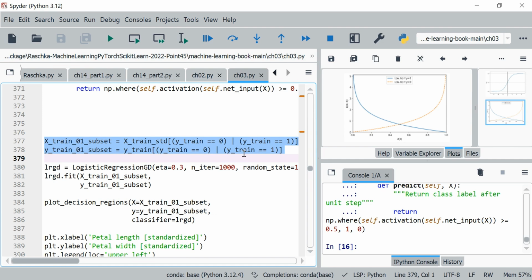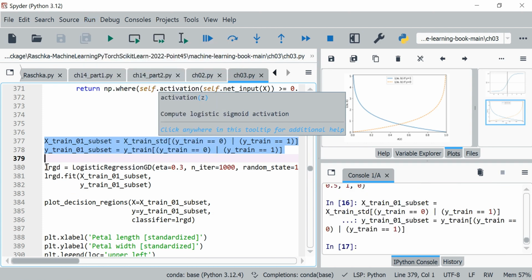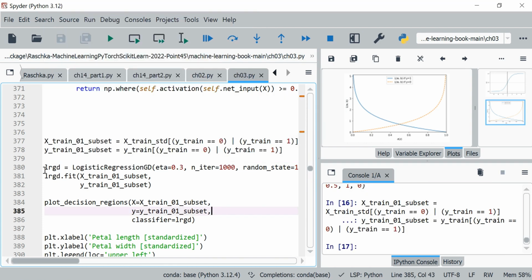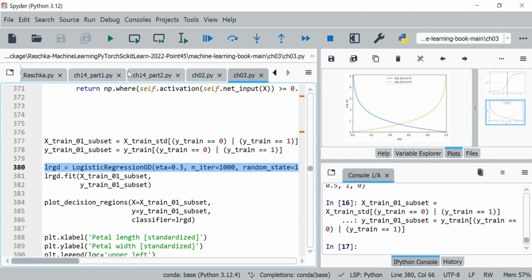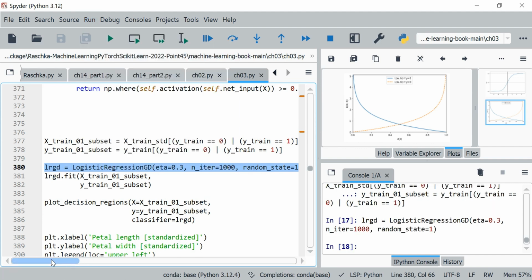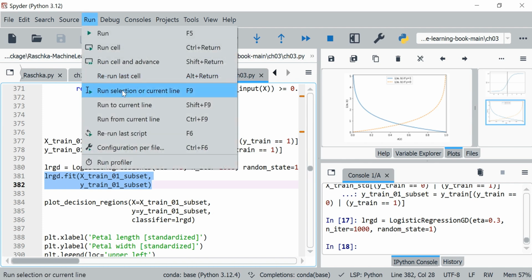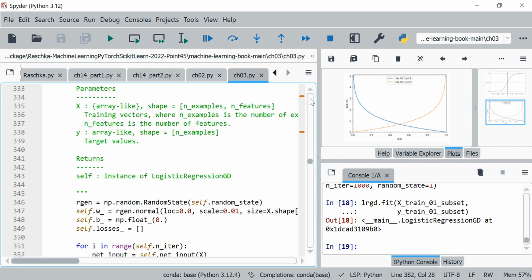So we use the first two classes for the training. Then we can create an instance of this logistic regression class. Successful. Then we can use this class's fit function. Successful. Then we will use plot decision regions. Then we go back.